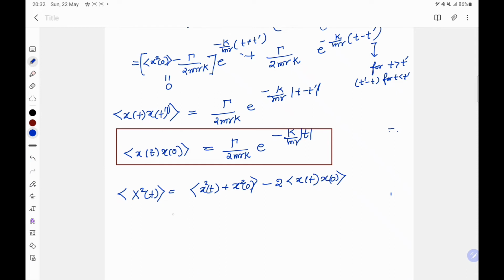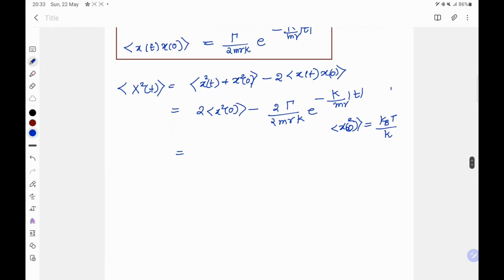Okay, just substitute the values. So the average value of this will be same, right? So it will be 2 x0 square minus 2, this is gamma over 2 m gamma k e to the power minus k over m gamma mod t. And again, from fluctuation dissipation theorem, we know that the x0 average square is kbt over gamma k.